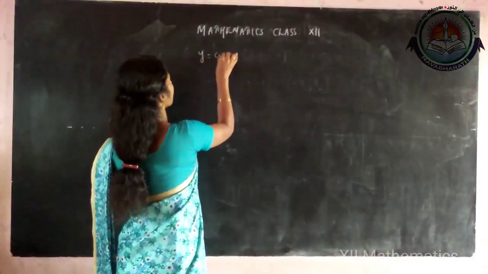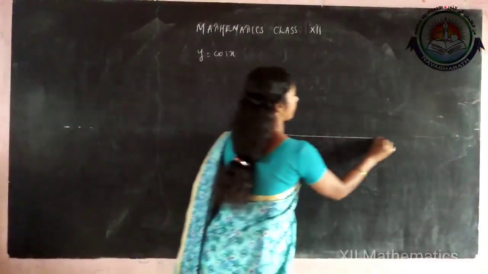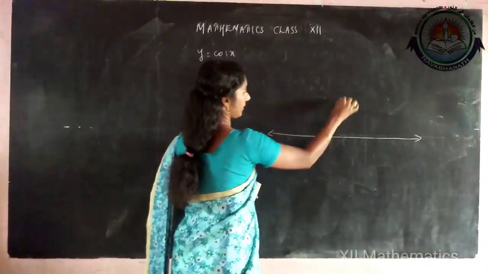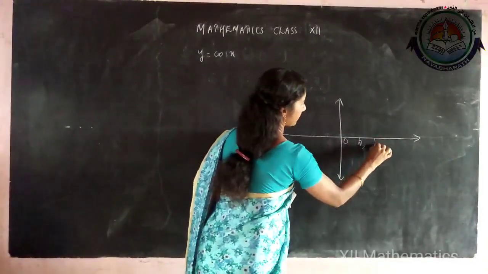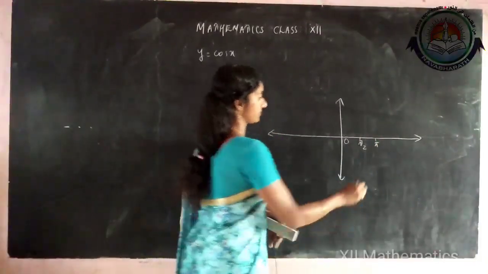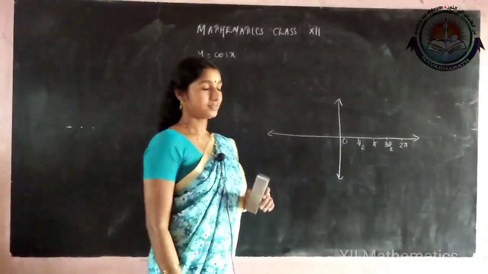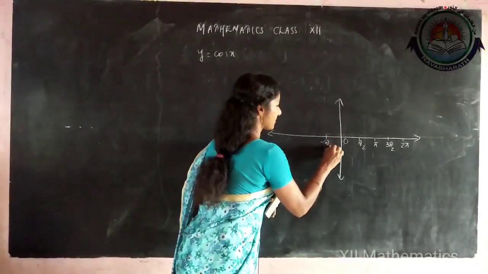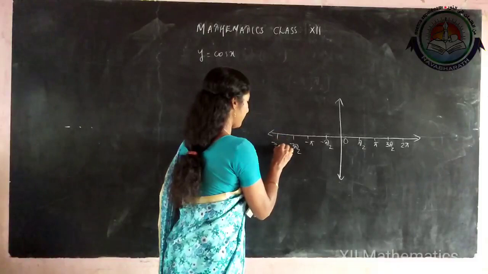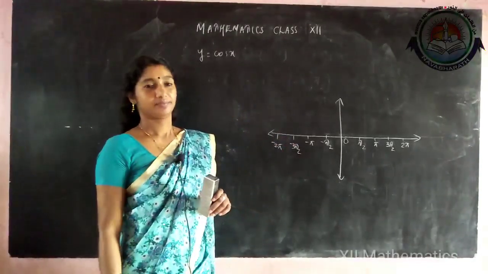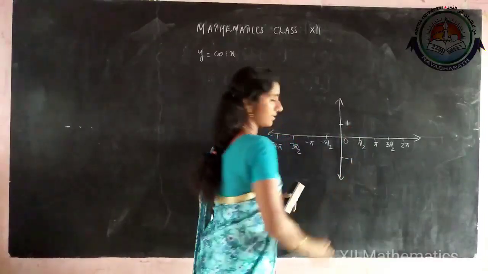Y equal to cos x, its graph. Drawing, marking 0, pi by 2, pi, 3 pi by 2, 2 pi, etc. Then here minus pi by 2, minus pi, minus 3 pi by 2, minus 2 pi, etc. Then here 1, minus 1.